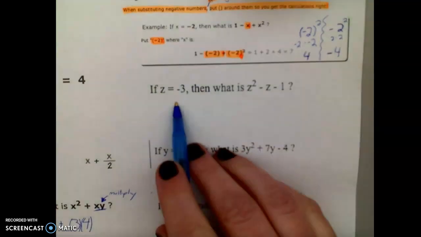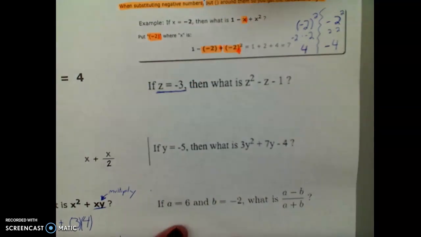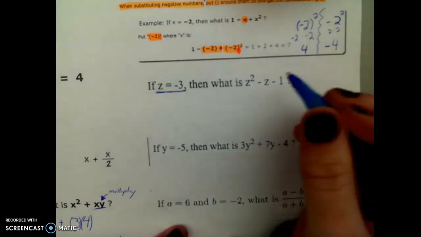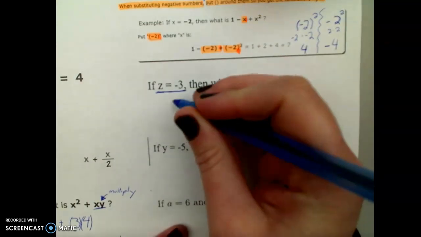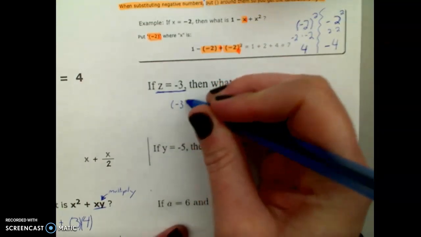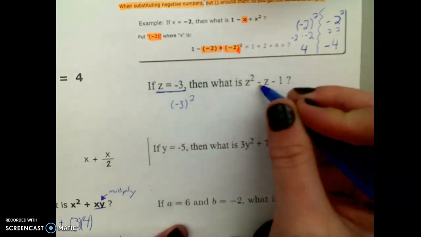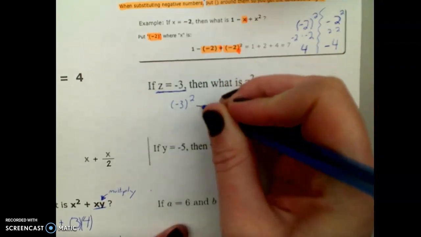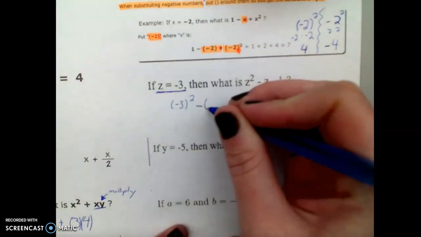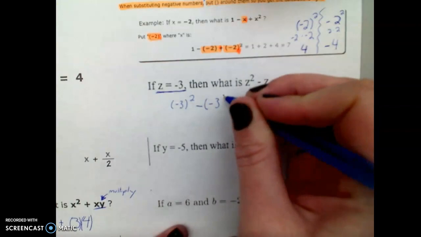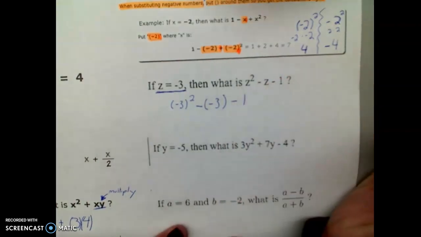In this example, z is going to be -3. So we're going to input 3 right here, and I am using the parentheses, squared. Now it says minus right there, and another z. Oh, I better use parentheses again when I put that in here. And minus 1.